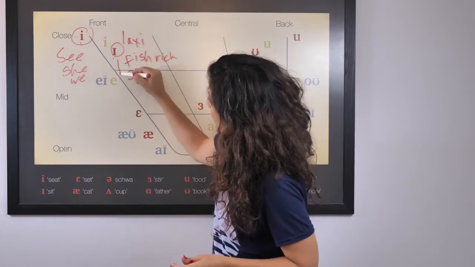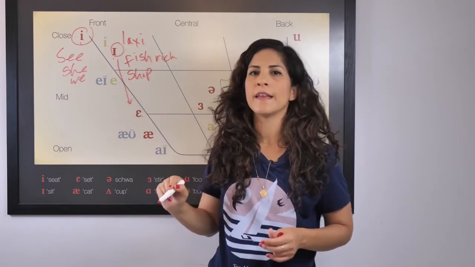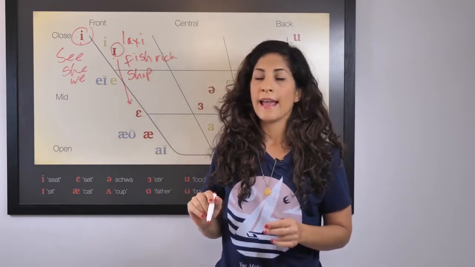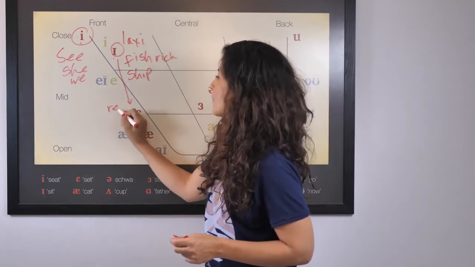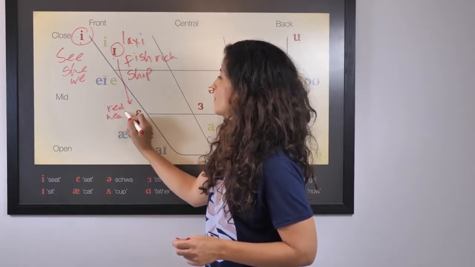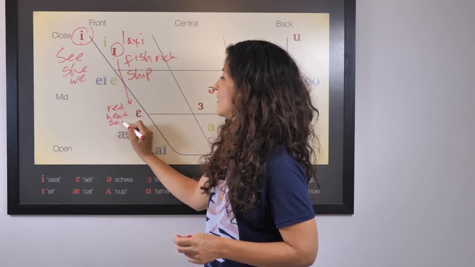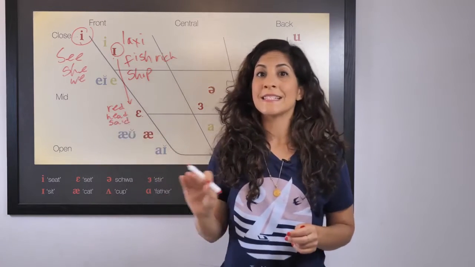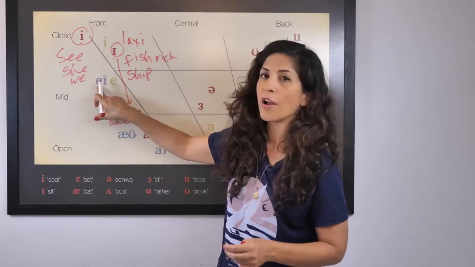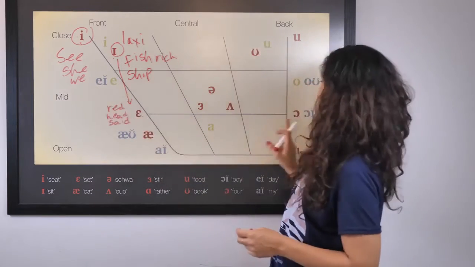Now, if we go a little lower, we get to the American e, as in red, head, and said. Notice that it's not said, it's not the diphthong A. In blue, we have the diphthongs.